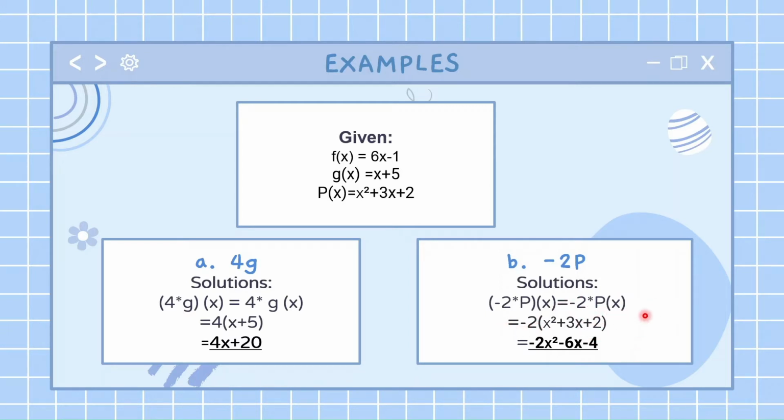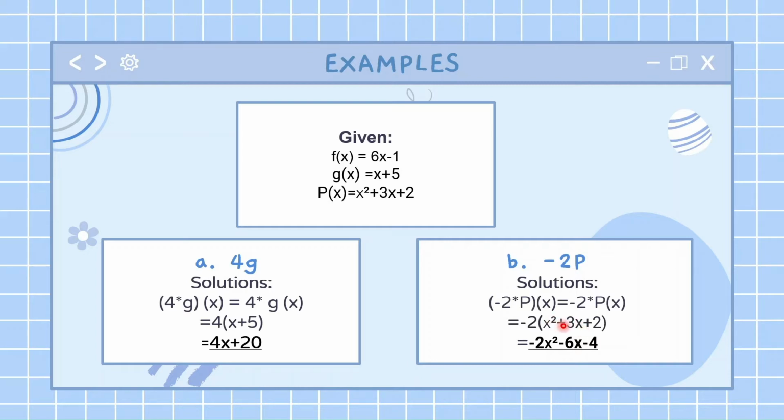Then what are we going to do after this? Well, we are going to distribute it. So negative 2 and x squared gives us negative 2x squared. Plus 3x would become negative 6x after we distribute negative 2 towards it. When you multiply positive and negative, what do you get? Of course, you get negative.